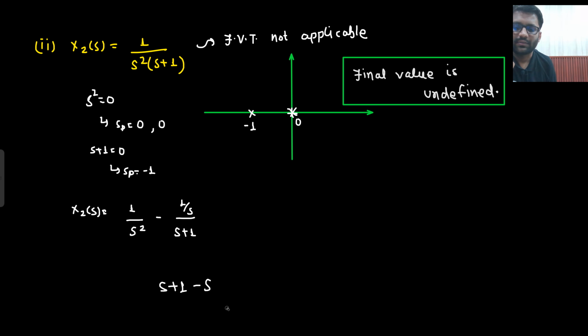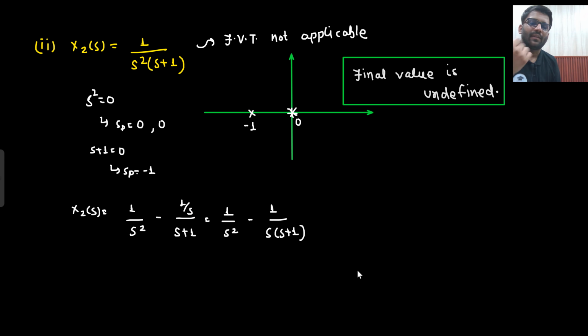Yeah, the job is done. So what are we getting? 1 upon s square minus 1 by s into s plus 1, and it can be broken down into 1 upon s square minus 1 by s plus 1 minus 1, s plus 1 minus s, so 1 upon s into s plus 1.